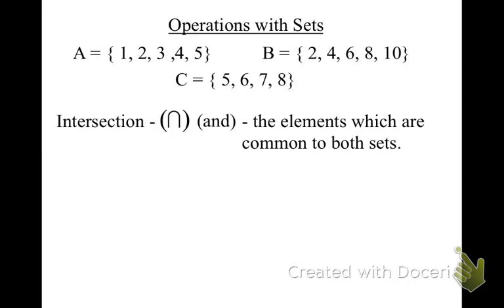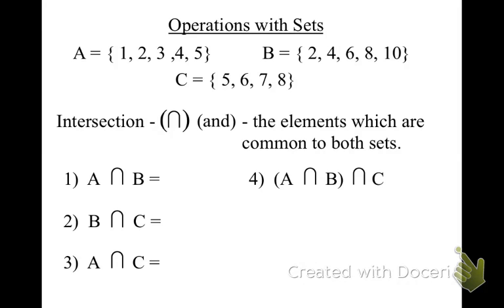We're really talking about the commonalities. So if I look at A intersecting B, what is in common? 2 is in common and 4 is in common, and those are the members of A intersecting B: 2 and 4. Notice I have it in braces and not in parentheses, because parentheses would mean a point on a coordinate plane.